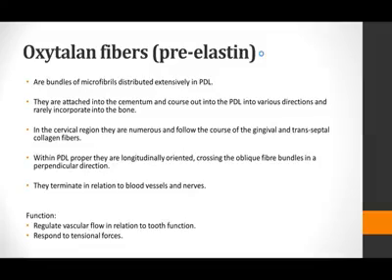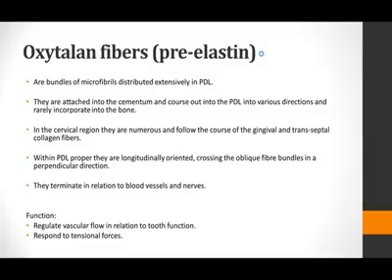Oxytalan fibers within the periodontal ligament terminate in relation to the vessels and the nerves. And because these are elastic in nature, they have the tendency to contract under the tensional forces on the PDL.